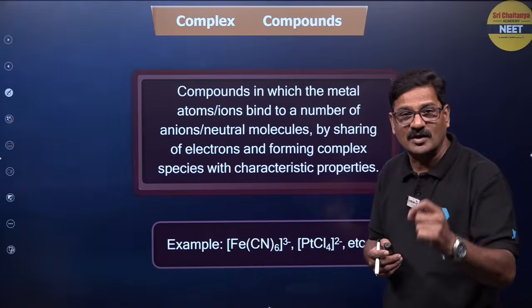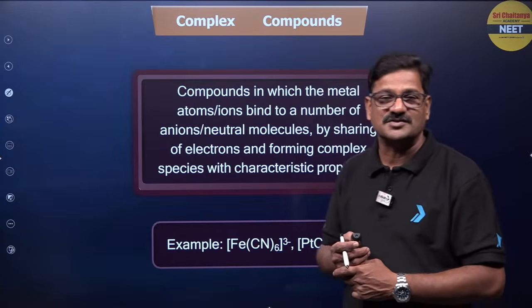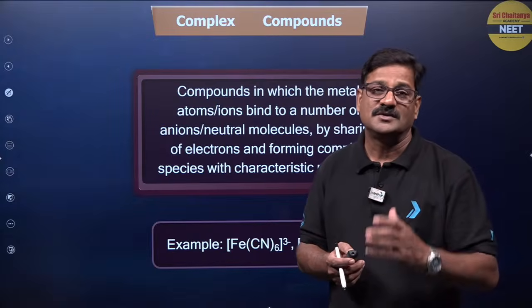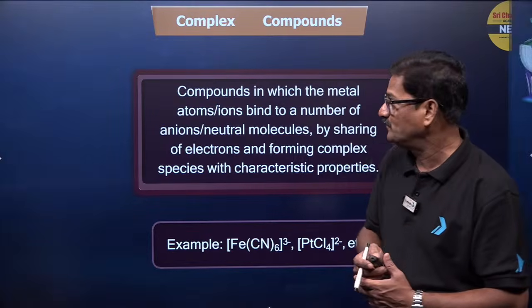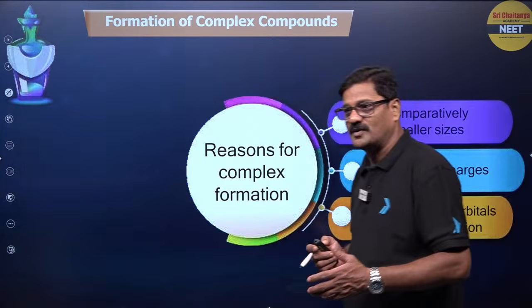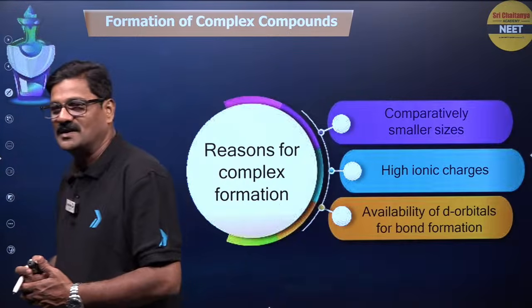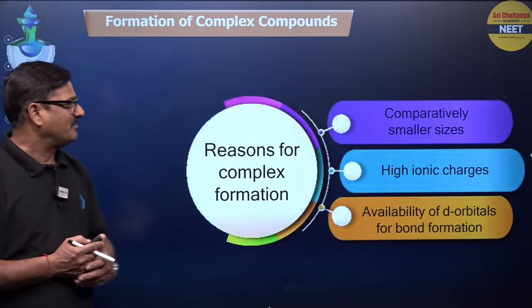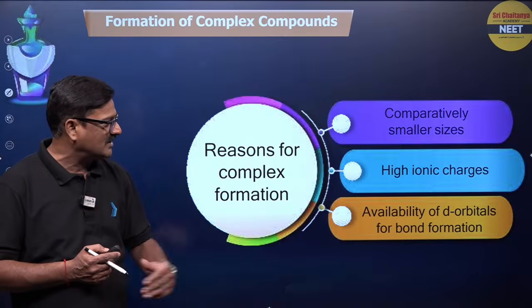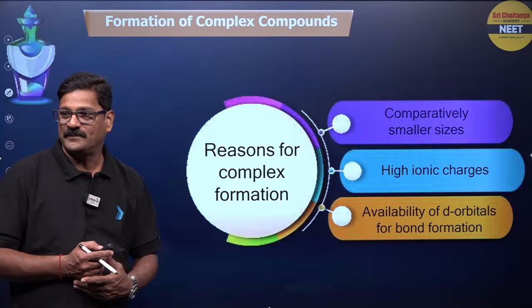High nuclear charge and the presence of vacant d orbitals are the responsible factors for transition metals being colored, and also for the formation of complex compounds. Comparatively smaller sizes, high ionic charges, and availability of d orbitals are the reasons.